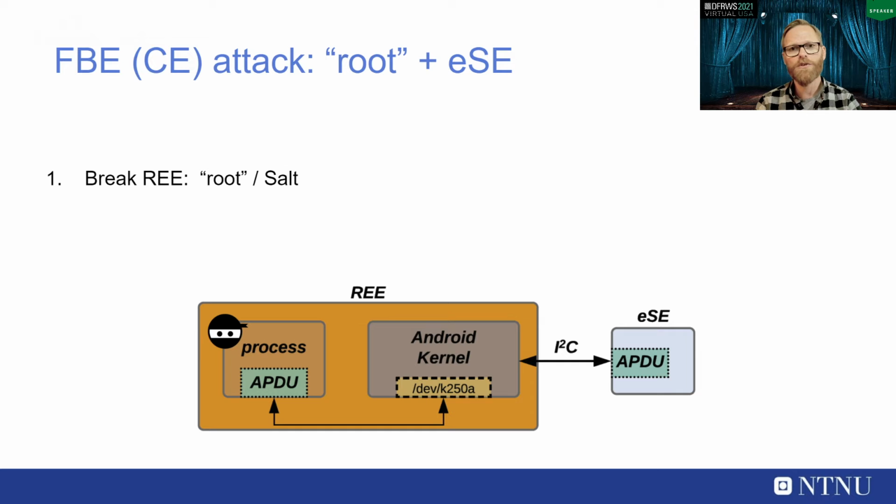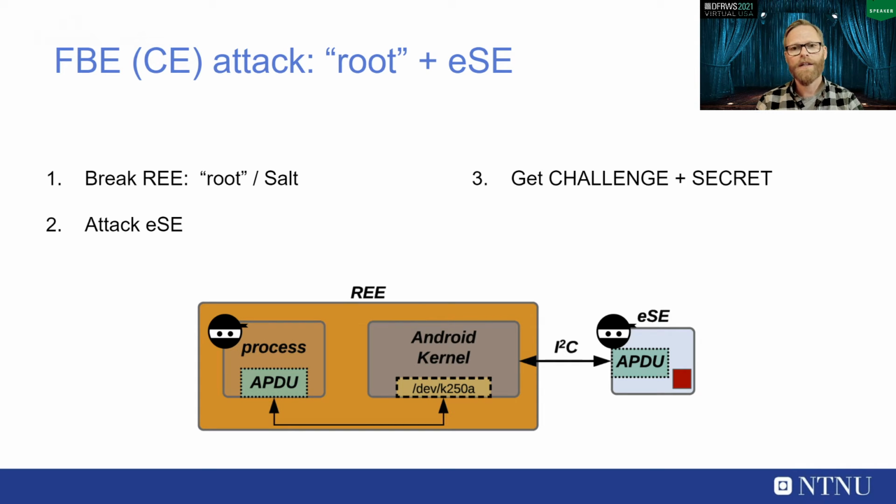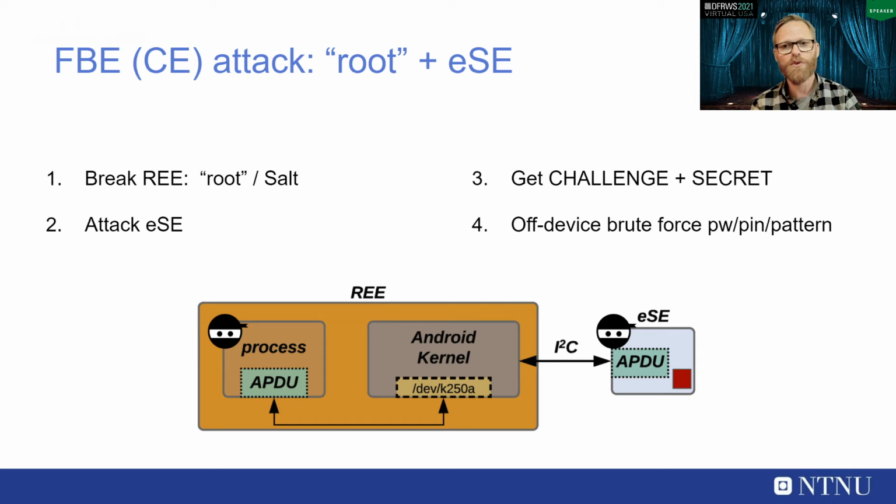If we can assume we can do that, we can attack the secure element through its logical interface. Then we can attack the secure element chip, and we can gain hold of the challenge and the secret, and mostly the challenge is what we need to do brute force. Then we can do off-device brute force of this screen lock credential.